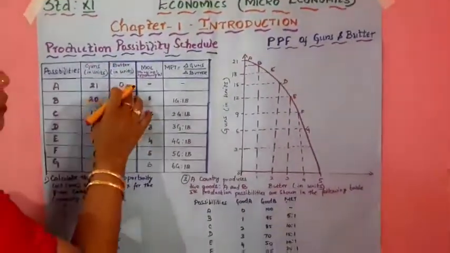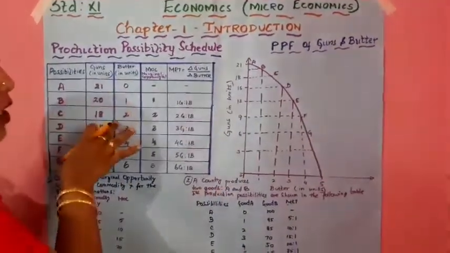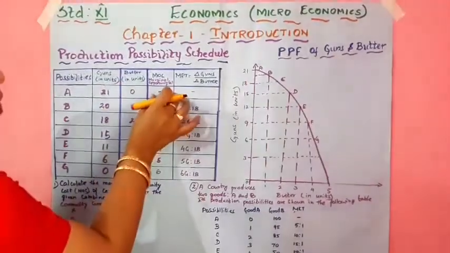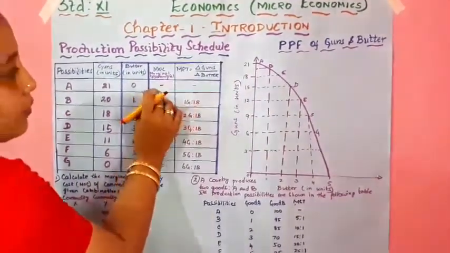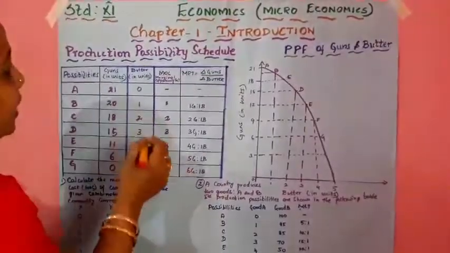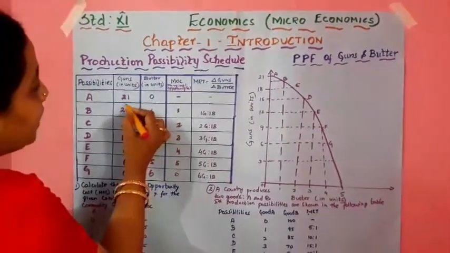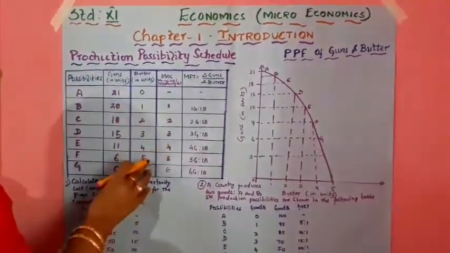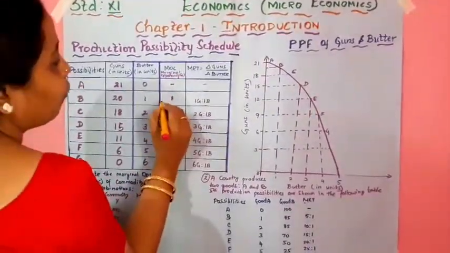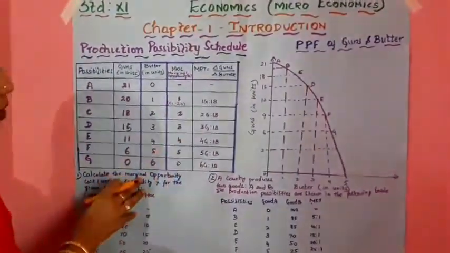So when you have given up your full option of 1 unit to buy the other option, you will find the marginal opportunity cost as 0 here for all the sums. Then we can say this MOC is 21 minus 20. So what is the marginal opportunity cost? It is 21 minus 20. It comes to 1.